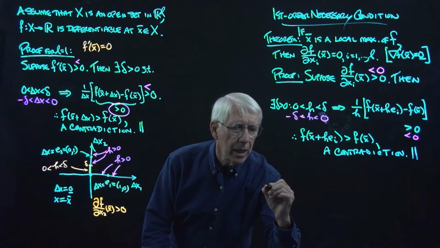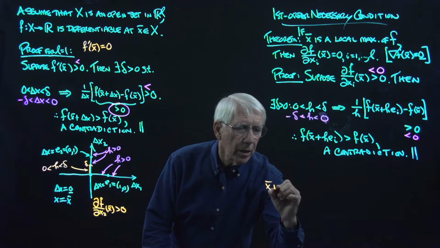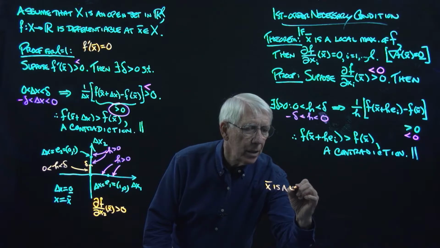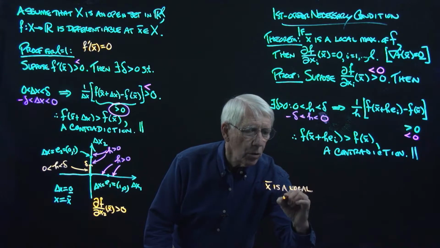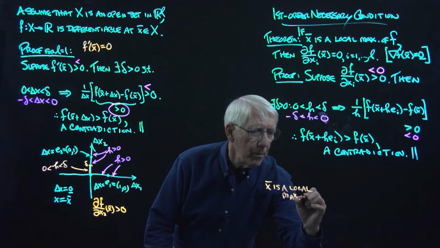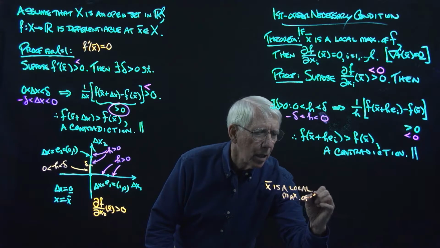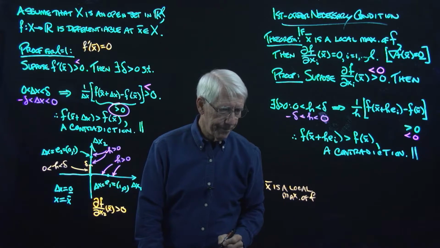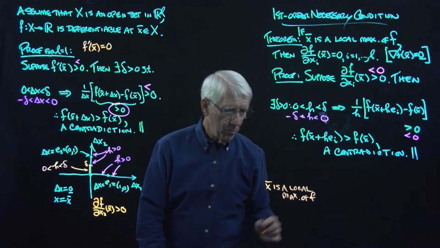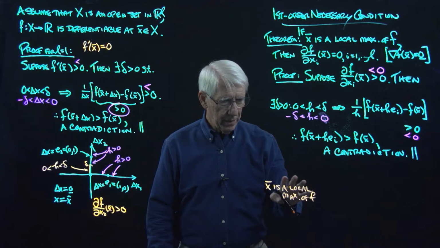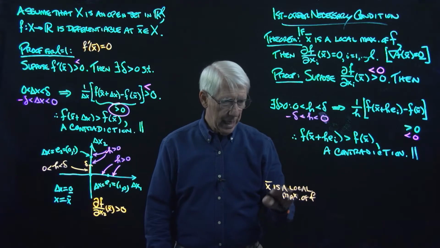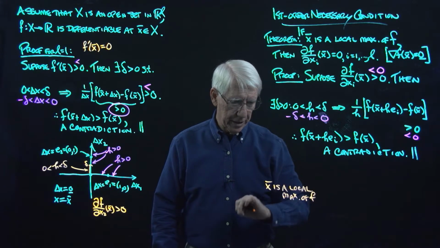So let's say x bar is a local maximum of f, and we want to know both a necessary condition that has to be satisfied when this is true, and also a sufficient condition.